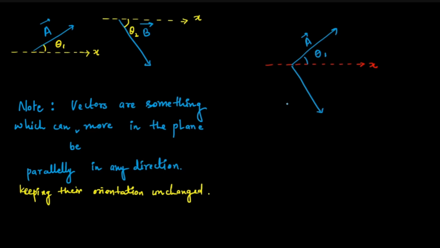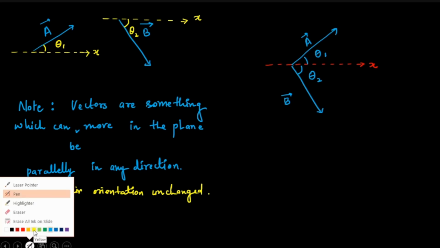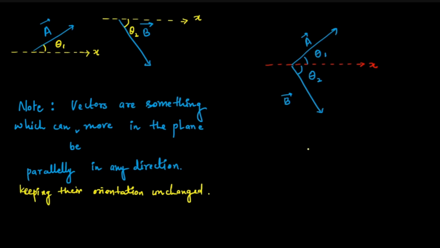This is B. Again, I haven't changed the orientation. This is theta 2. So vectors can be moved in the plane parallelly in any direction, keeping their orientation unchanged. This is the most important point when it comes to solving vectors because we use this point in almost every question. One more thing.